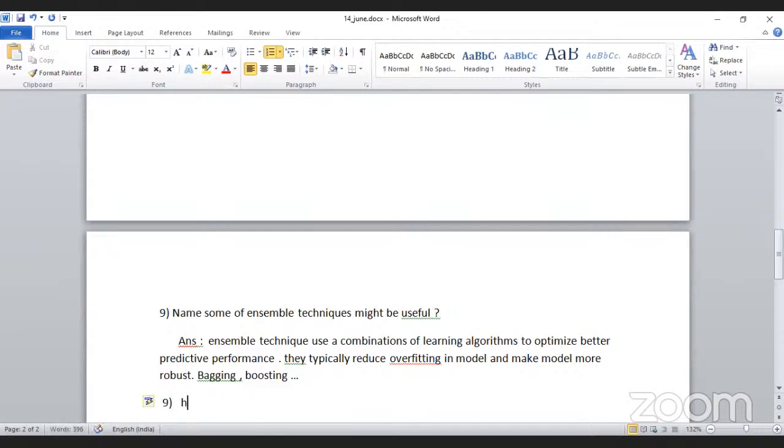So the next question is, how do you ensure your model is not overfitting? Okay, sorry.